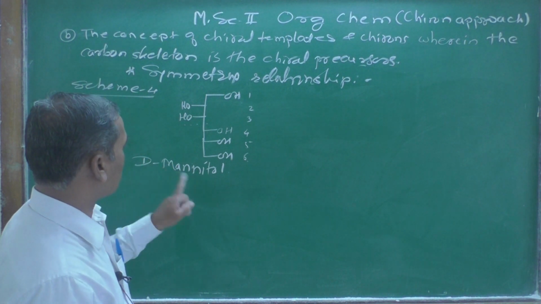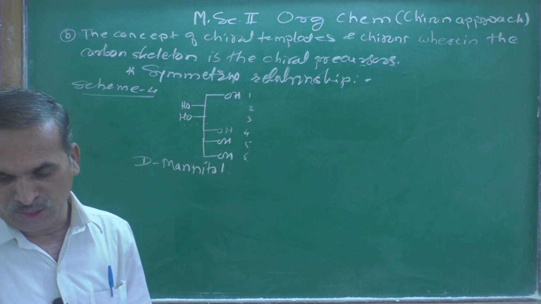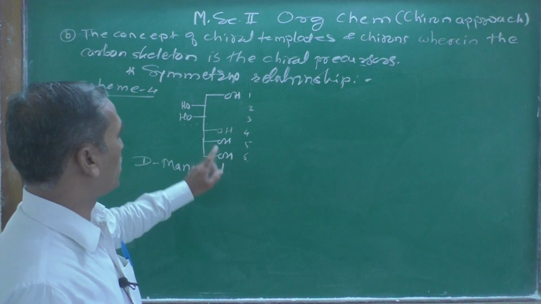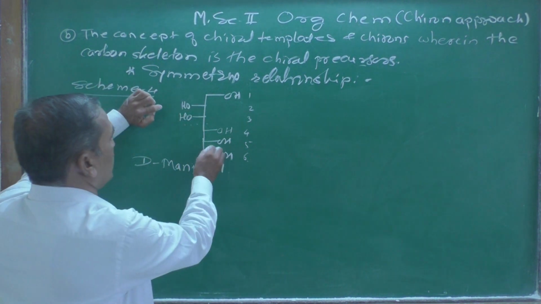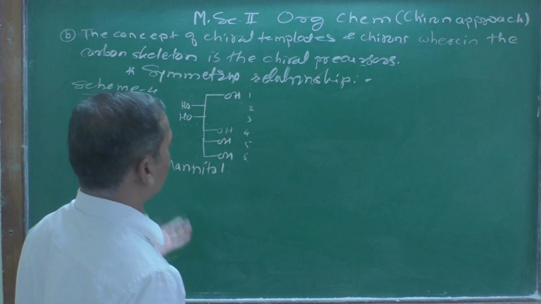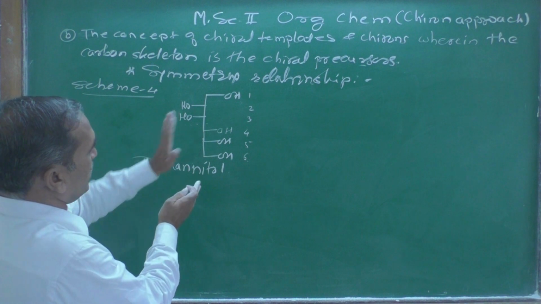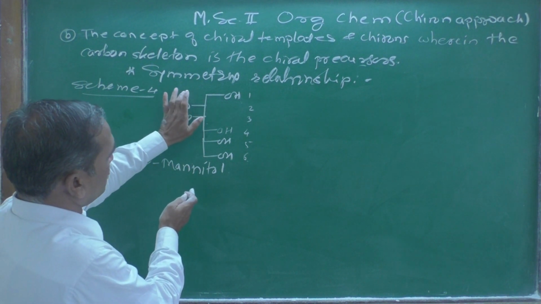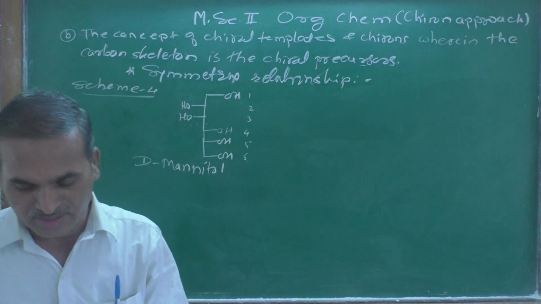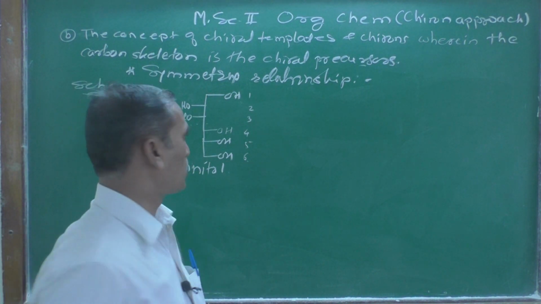So this is the structure of D-mannitol, M-A-N-N-I-T-O-L. Why D? Because at the 5 position the hydroxy group is on the left-hand side, and that's why there is a symmetry. If I write OH on this side, you will get the exact symmetry present in D-mannitol.